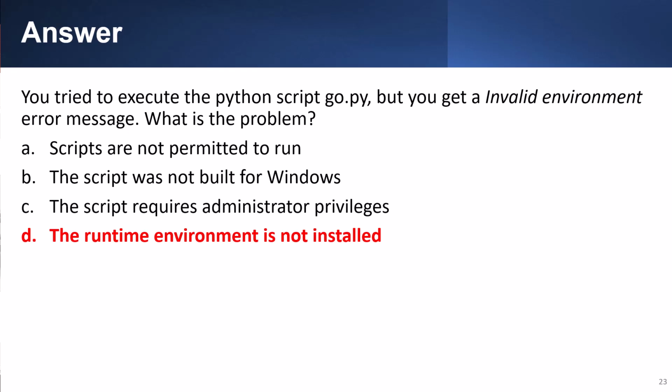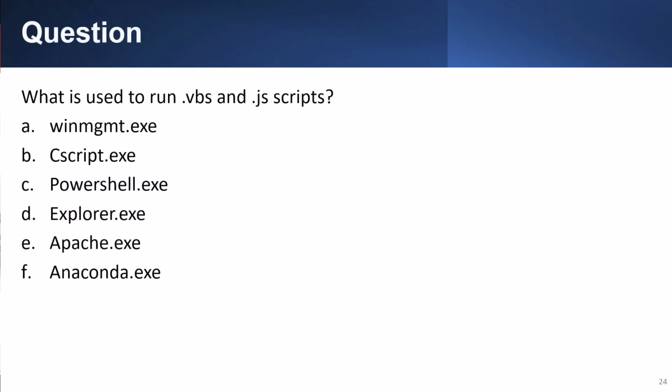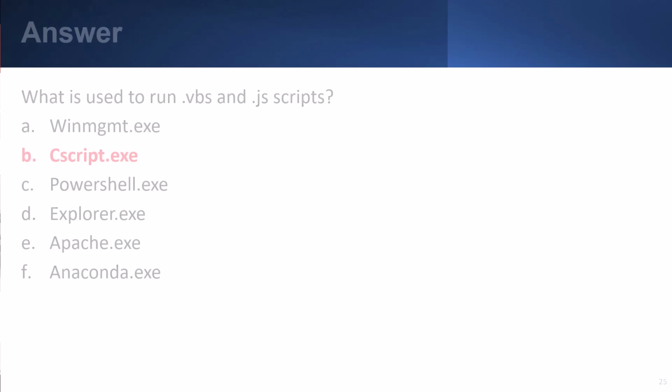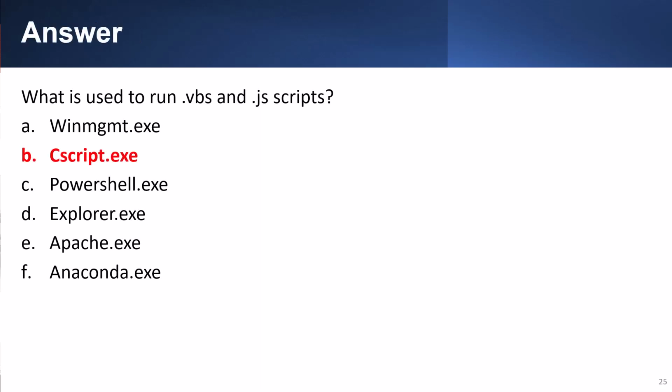Question: what is used to run .vbs and .js scripts? Answer: cscript.exe.